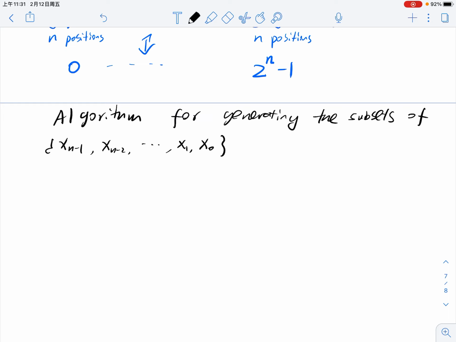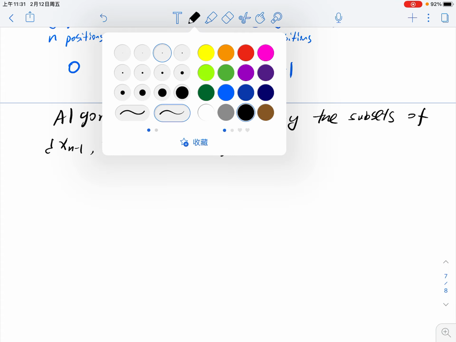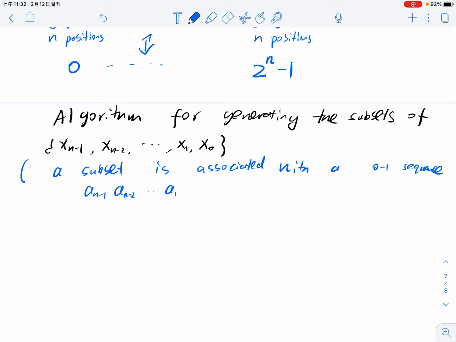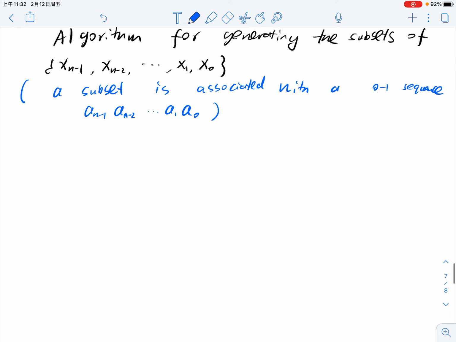By the previous remark, a subset is associated with a 0, 1 sequence a_{n-1}, a_{n-2}, ..., a_1, a_0. So we only need to enumerate all such sequences.